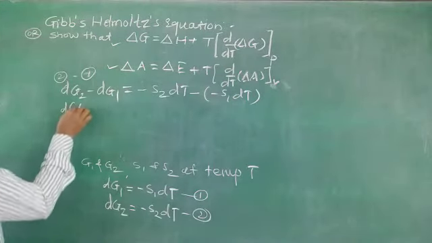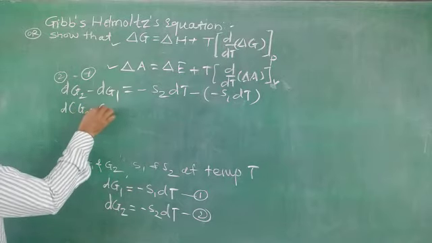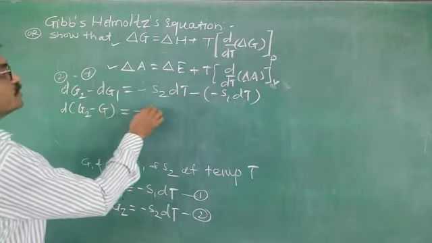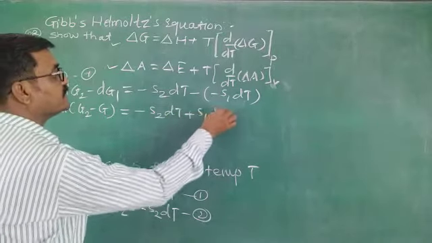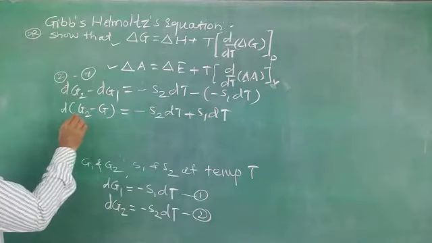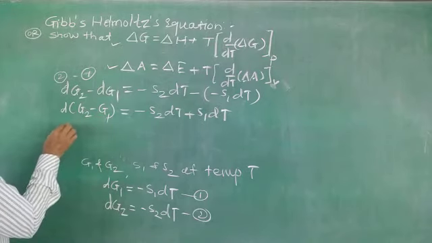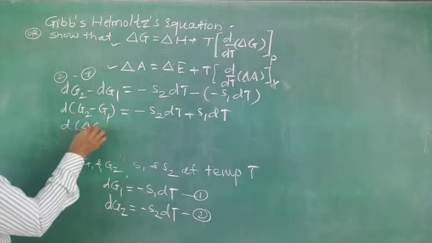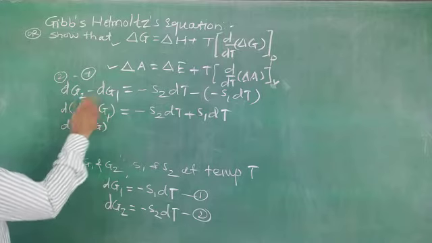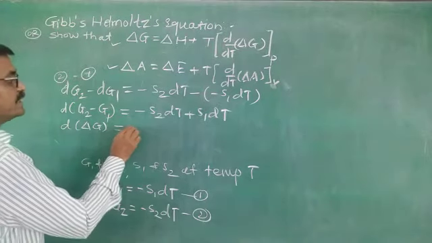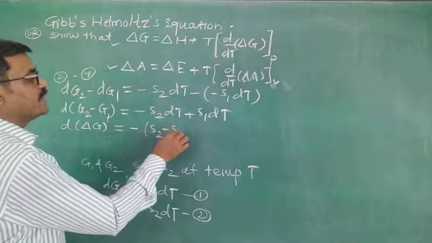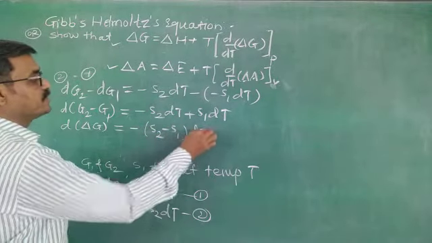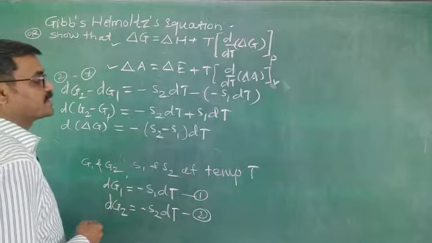Now from this, G2 minus G1 is equal to minus S2 dT plus S1 dT. This G2 minus G1 again becomes delta G, that is equal to minus into bracket S2 minus S1 into dT. From this the minus sign is kept constant.